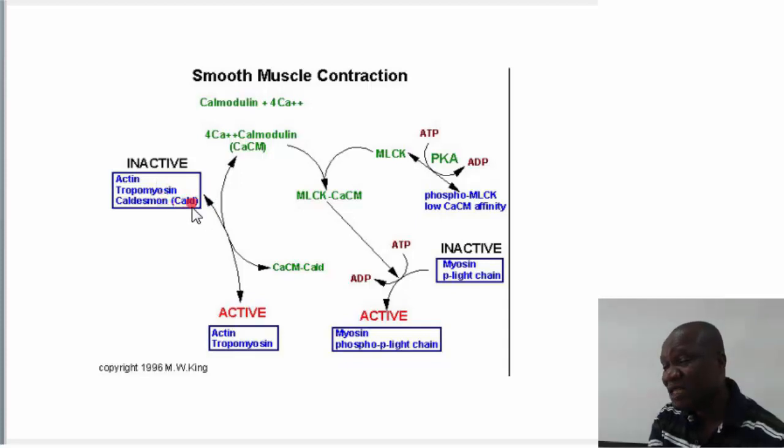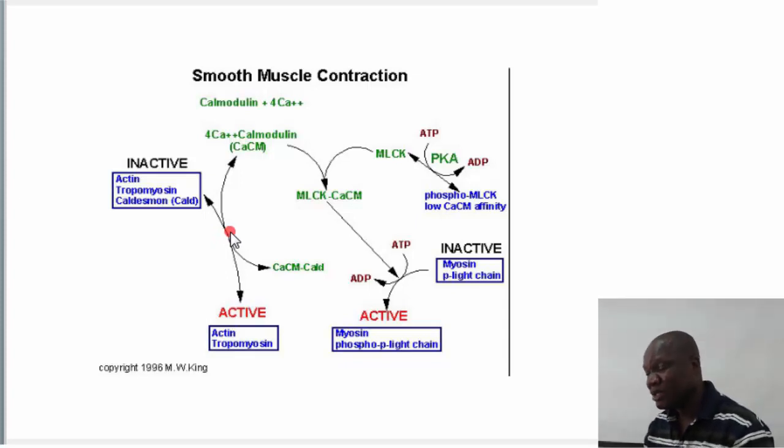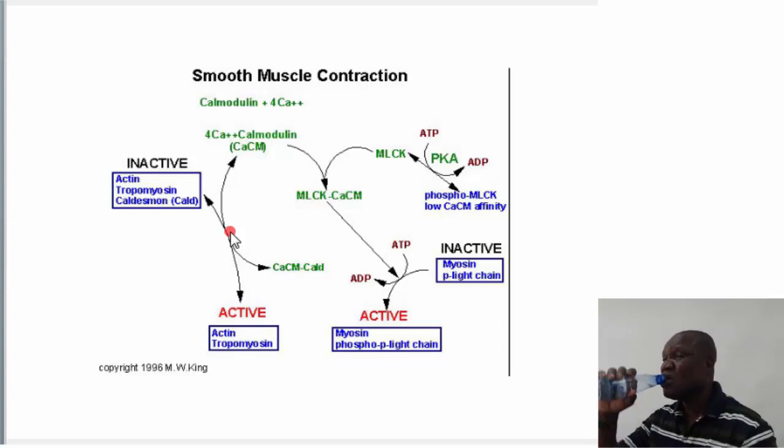Now the caldesmon will then cause the shifting of tropomyosin in the actin filament to expose the myosin binding sites.